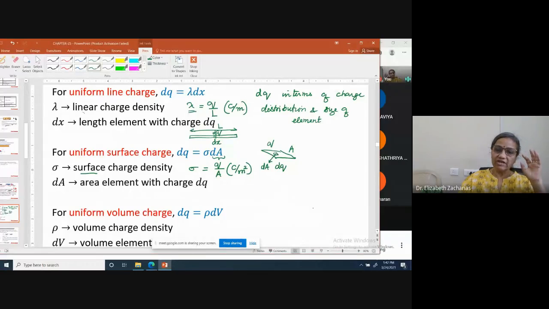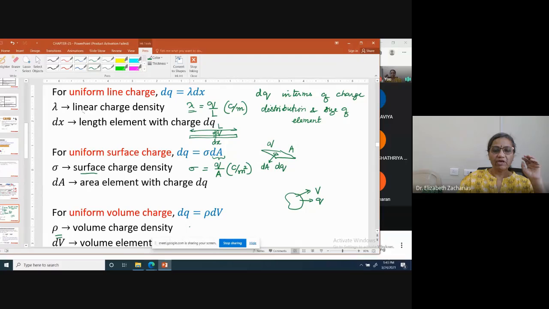Now, next, let us go to a three-dimensional object. Let us say I have a three-dimensional object like this of volume V carrying a charge Q. So now, what will be my charge distribution? It will be a volume charge distribution. Again, I'm going to assume it is uniformly distributed. So I say that my volume charge density is rho.